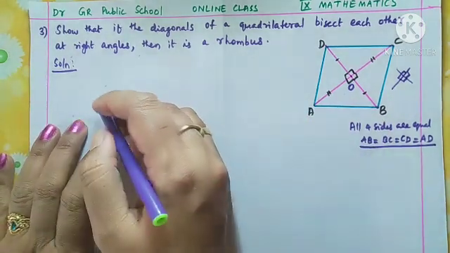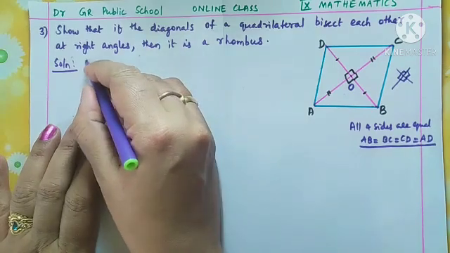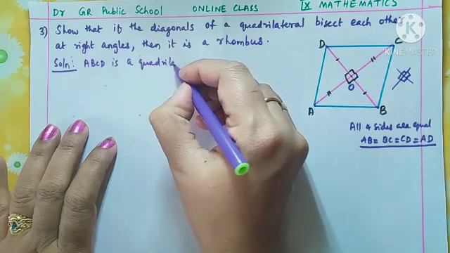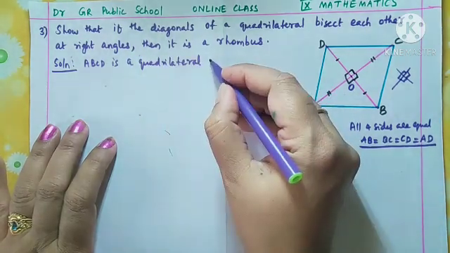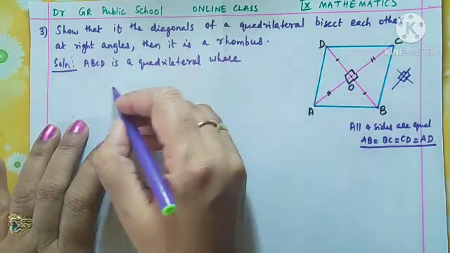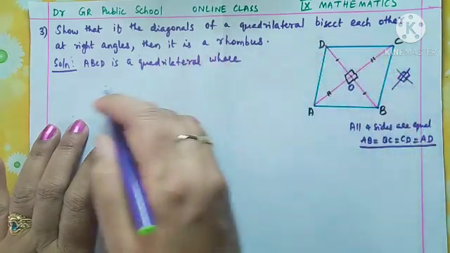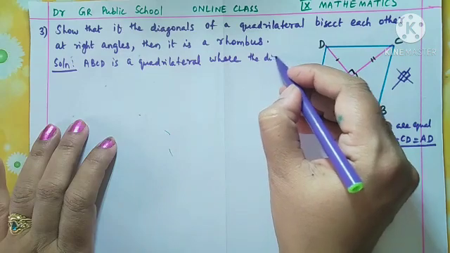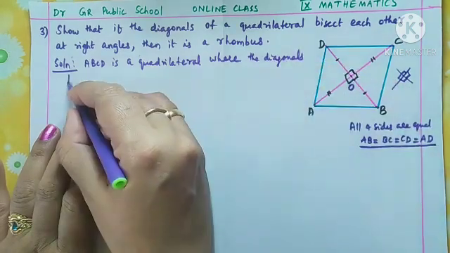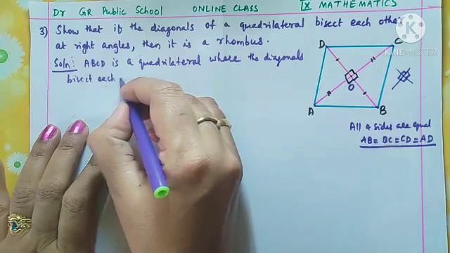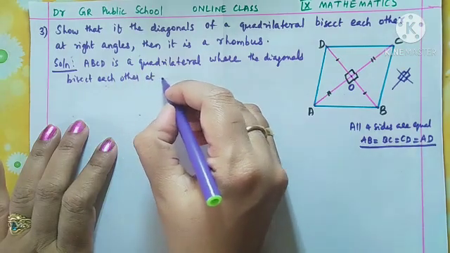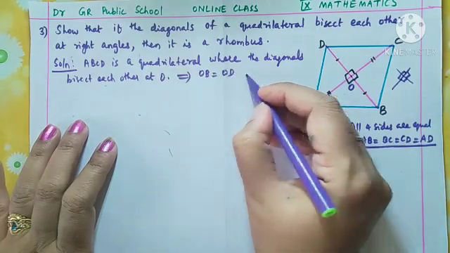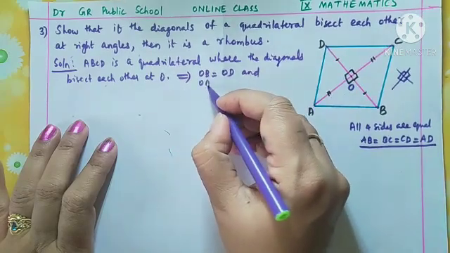Before that we can write all the given quantities. So what is given here? ABCD is a quadrilateral, where, what do you know? The diagonals bisect each other, correct? So that you can say the diagonals bisect each other at O. So this implies OB equal to OD and OA is equal to OC.